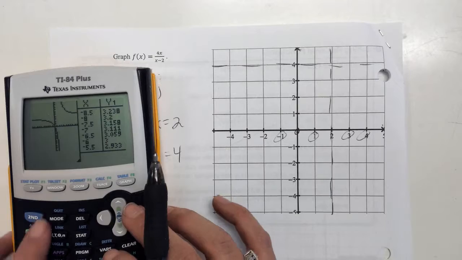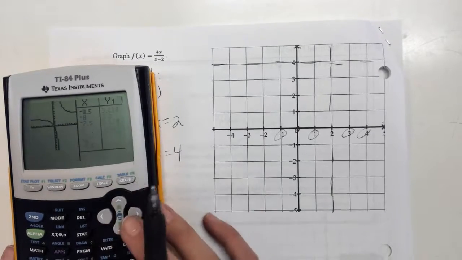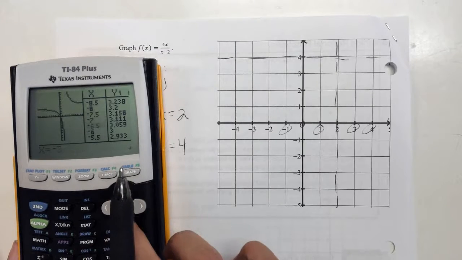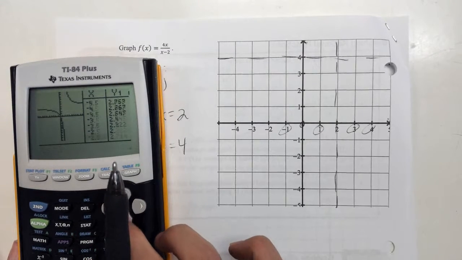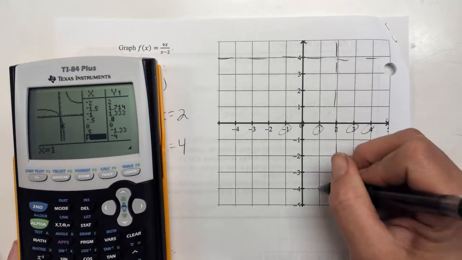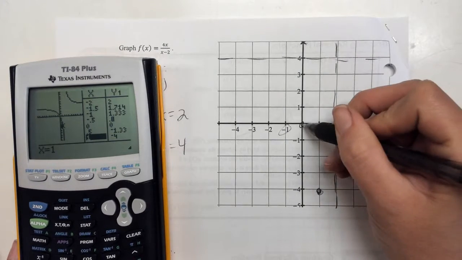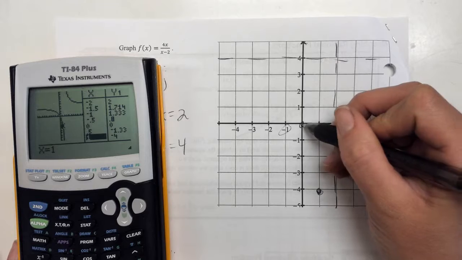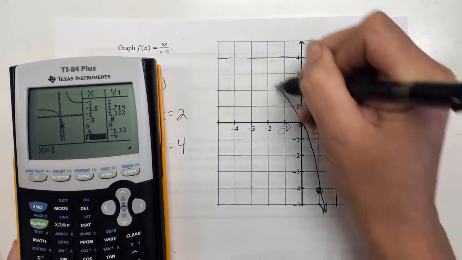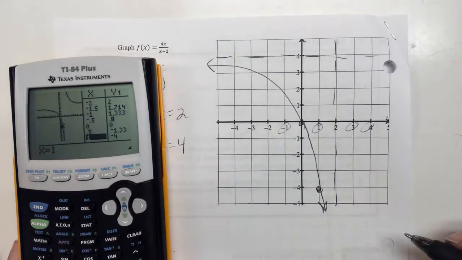Alright, now I'm going to go over to my table, figure out what's going on at 1. Alright, at 1 the value is -4. Well, that's all I really need, because I already had the 0, 0 point. So I'm going to draw my graph like this, come up to here.